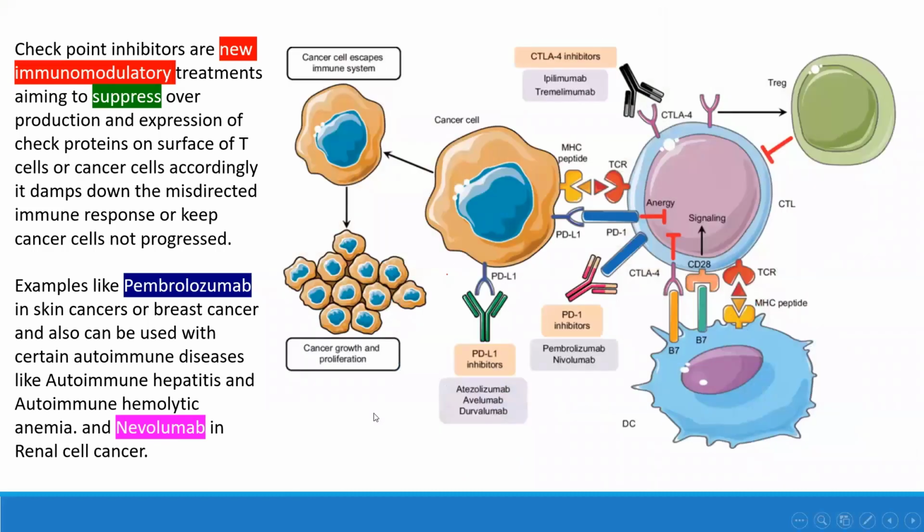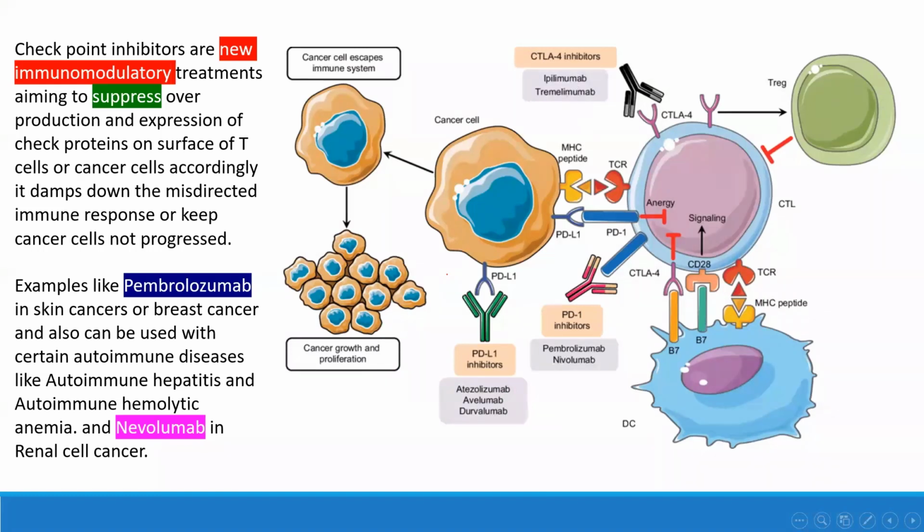Immune checkpoint inhibitors are drugs that inhibit PD-L1 or PD-1, or another that inhibits CTLA4, like this.